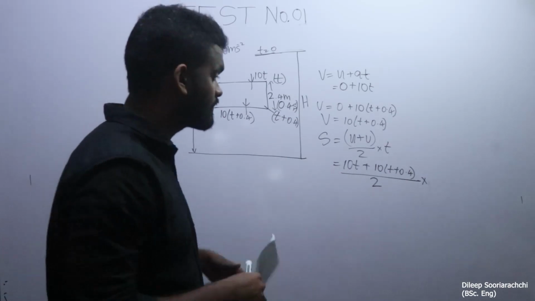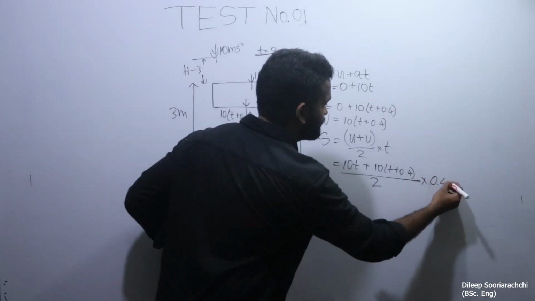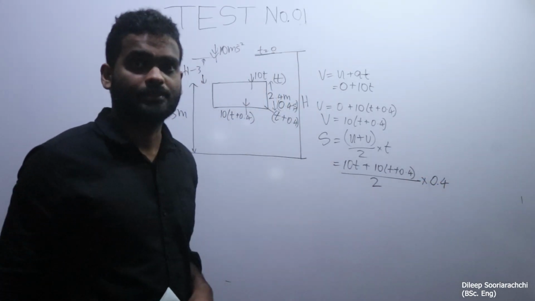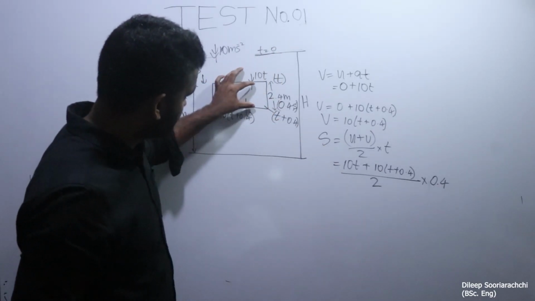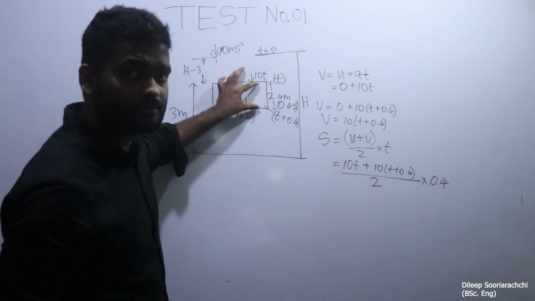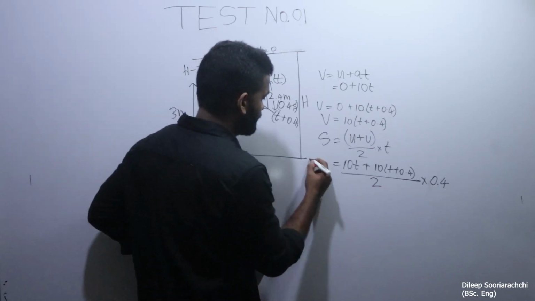So you just multiply by 0.4. And the distance is the height of the window, that is 2.4.